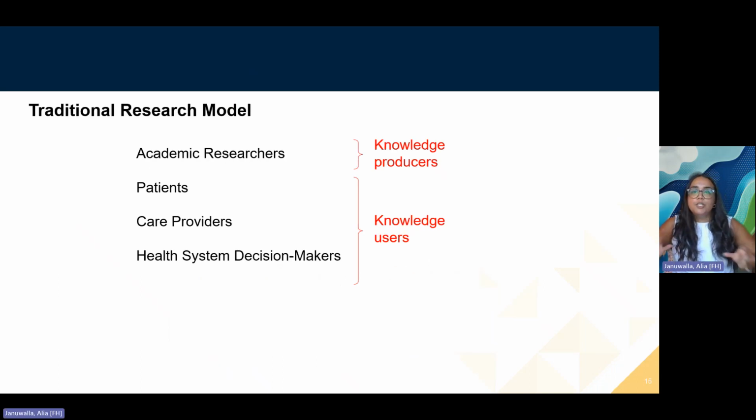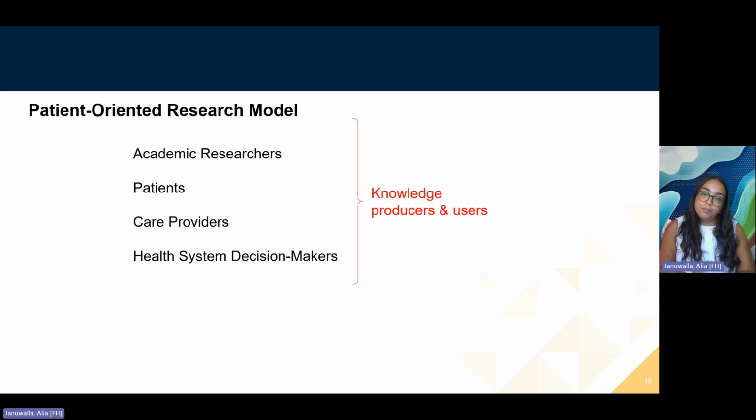And so again, what we're doing here is shifting our traditional perceptions of the research model and who's generating and receiving or using knowledge. So this slide shows that traditional model of academic researchers generating knowledge and passing it on to others as knowledge users.